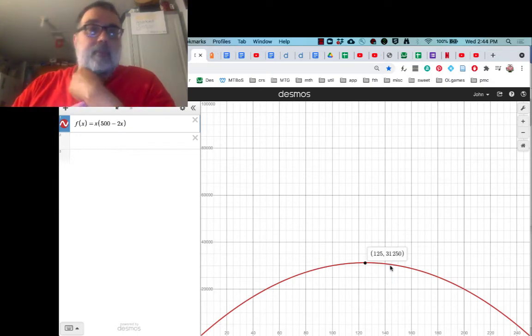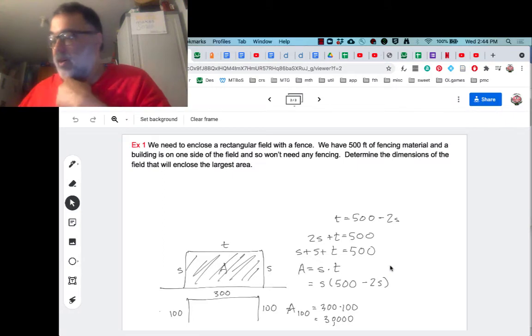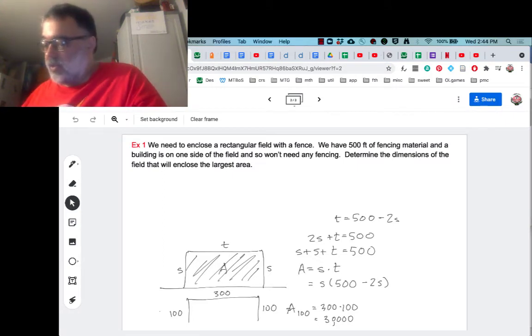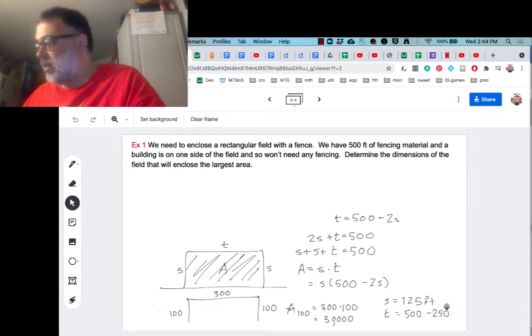Okay, so coming back over here, what we want to do is to see what calculus can tell us about this problem. So if S is 125 feet, then T is 500 minus 2 times S, which is 250 feet.